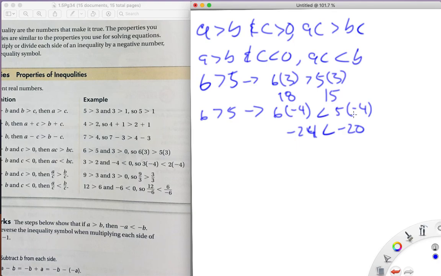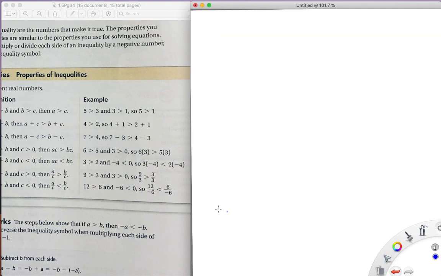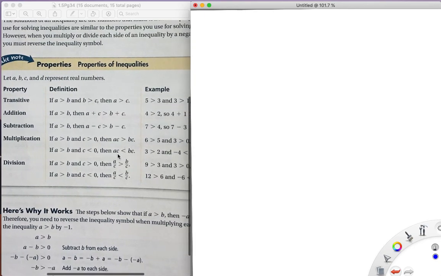Same thing with the division property of inequality. If I divide by a negative number, then the inequality is going to flip.